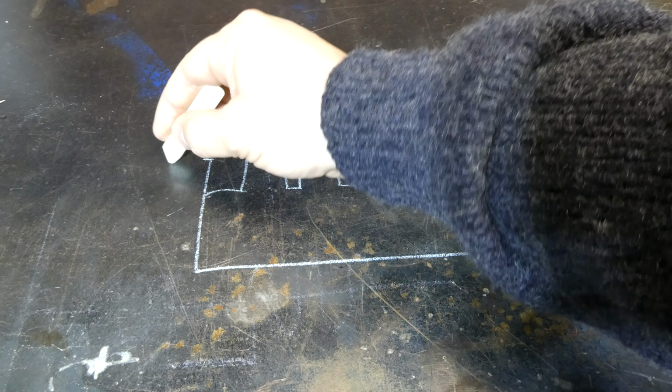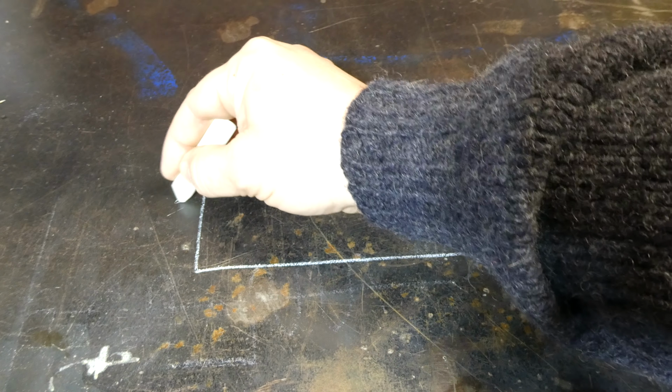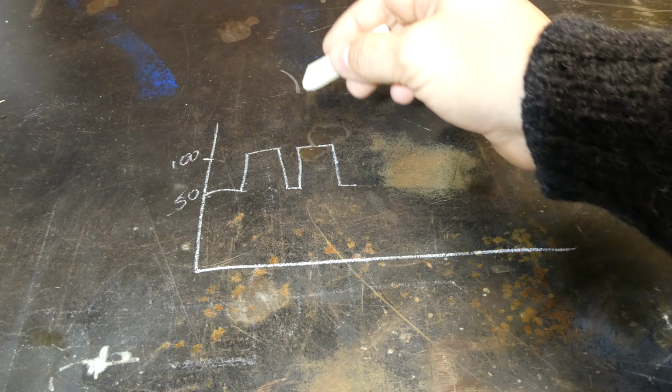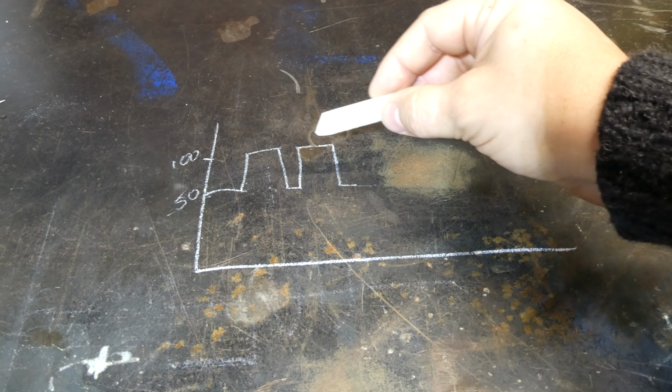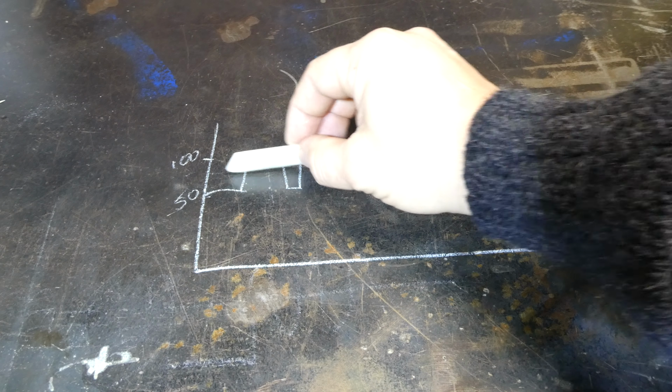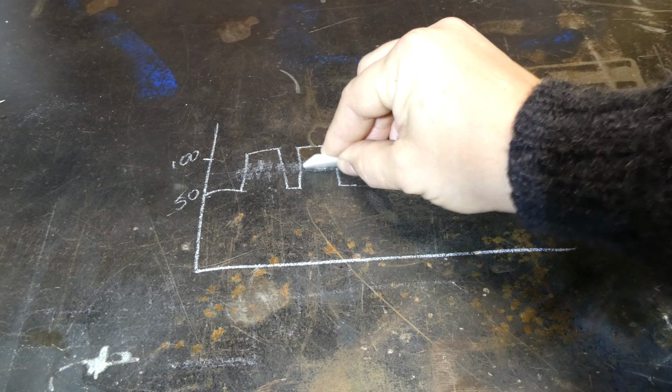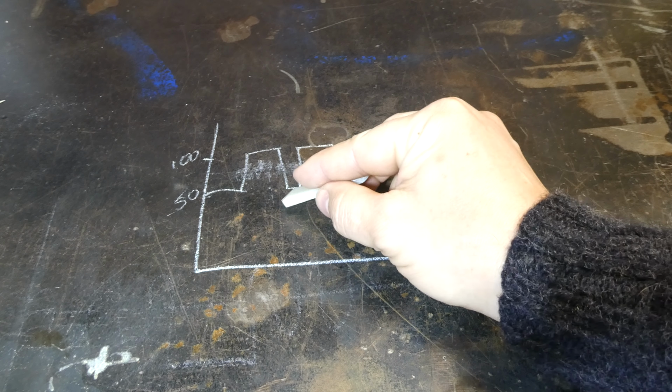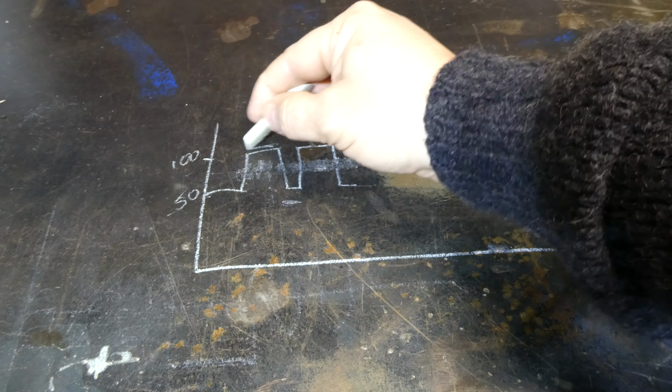If this is, say, 100 and that is 50, then the effective average current is somewhere in between. It's a bit fuzzy, you wouldn't know until you start calculating the time that it's low versus the time that it's high, and then you'll get a bit of an idea.